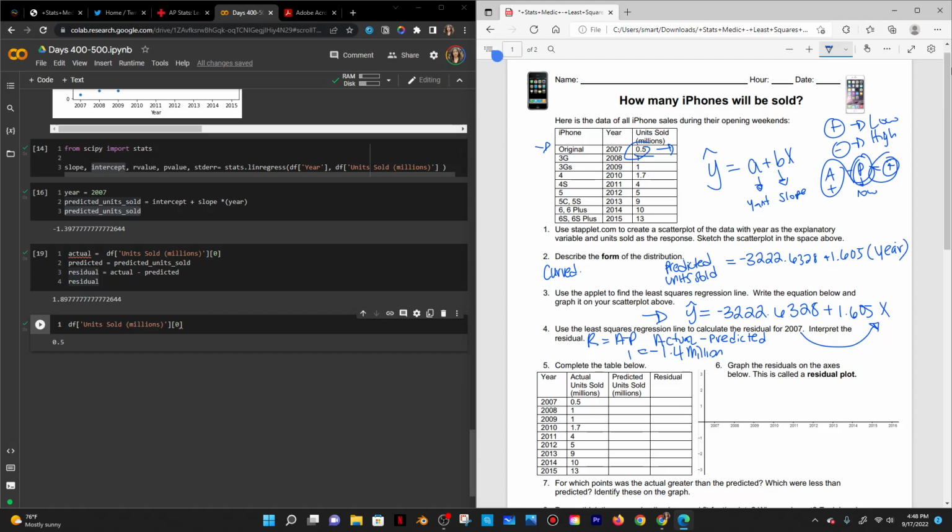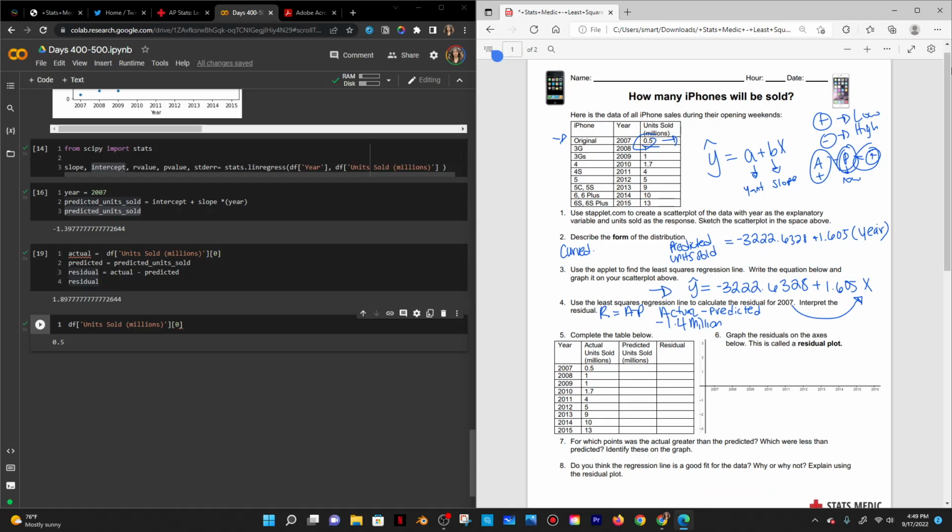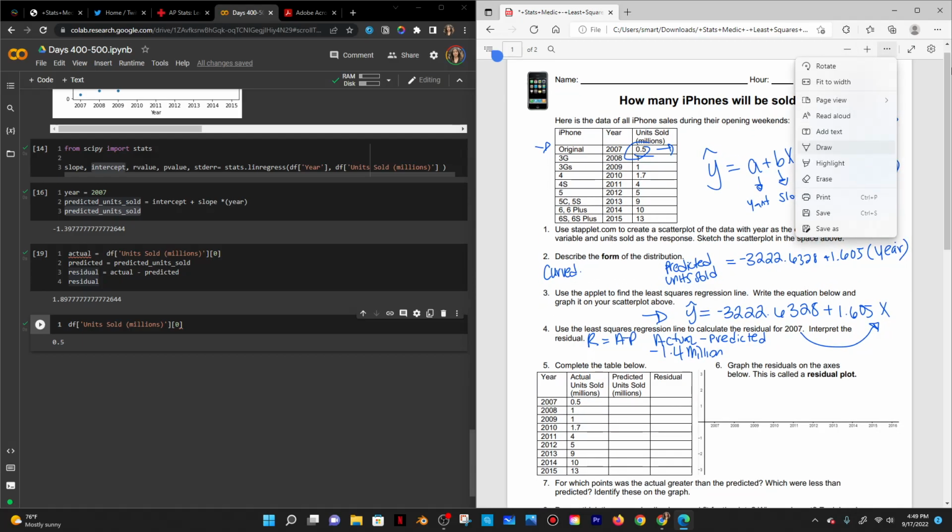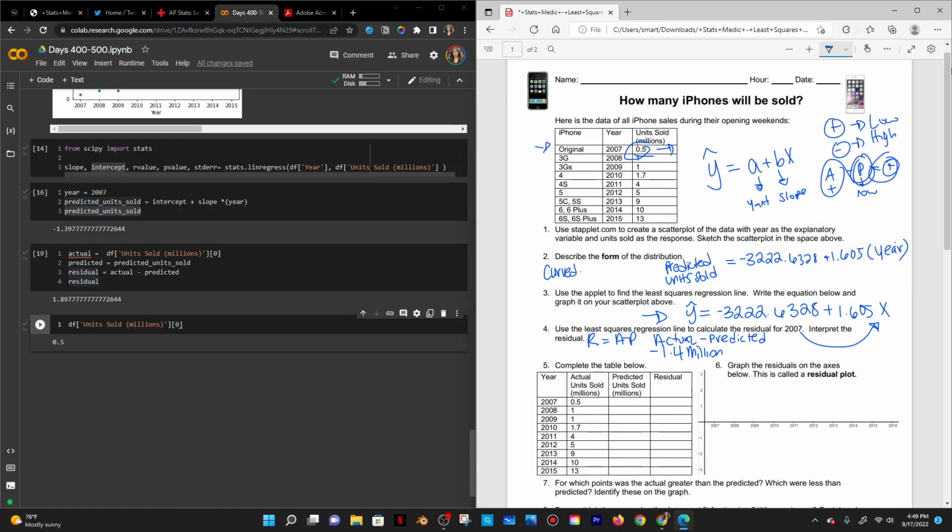So that's my residual. Oh, no, I'm sorry. That's my predicted. What am I saying? Let me just erase that real quick. Okay, the idea is that's my predicted, and then my actual was 0.5 million. Then that would be my residual, which is 0.5 plus 1.4 million.